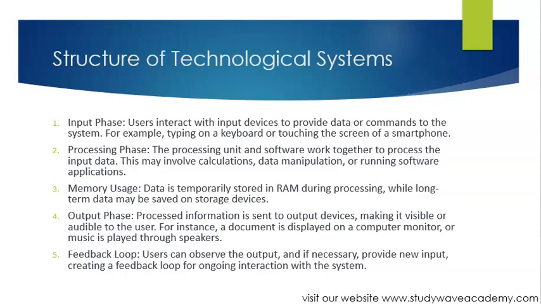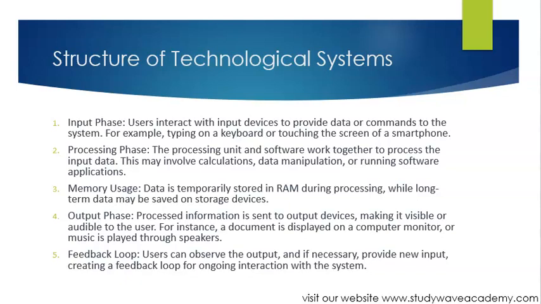One, the input phase. Users interact with the input devices to provide data or commands to the system. For example, typing on a keyboard or touching the screen of a smartphone. So the user inputs a command or data into the system.